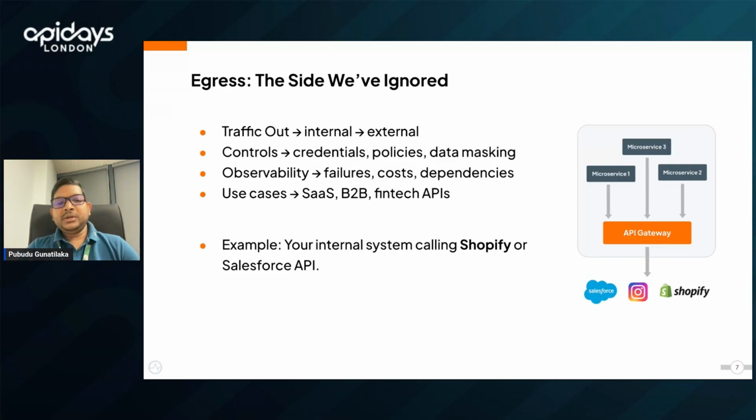From the observability point of view, you are looking at the failures, the cost, and the dependencies that you are dealing with in these third party APIs or services. From the use cases point of view, you are looking at fintech APIs, B2B, even the SaaS APIs that you consume. For example, this can be the Shopify API that is consumed by your internal system or internal services.